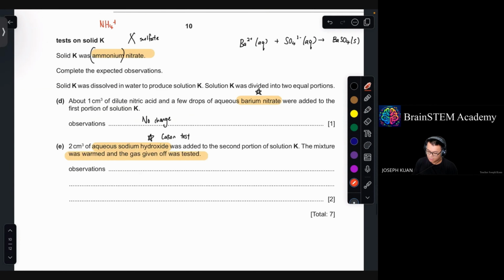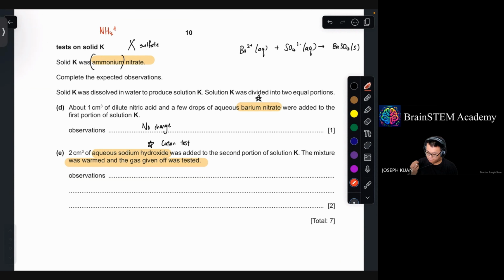So you see, ammonium reacts with sodium hydroxide and that actually forms ammonia. And when ammonia is formed, what is the test for ammonia? You can use a red litmus paper, and then the litmus paper turns blue due to ammonia's alkaline, basic nature.